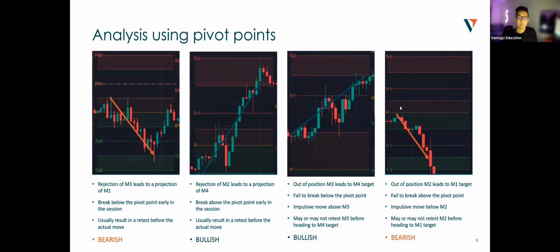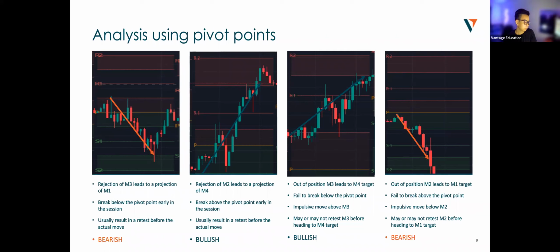Out of position means that prices did not even attempt to cross the pivot point. The pivot point is the resistance here, and as it moves down, the expectation is to take profit here. But in most cases, out of position trades will actually move below your S2. I will also touch on how we can trade this pattern. Usually you want to trade the reversal pattern with the target TP as the next M3.